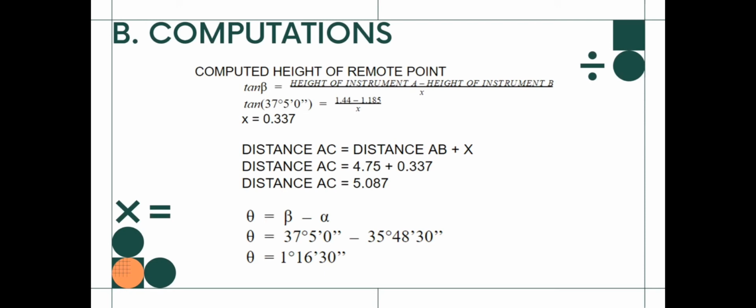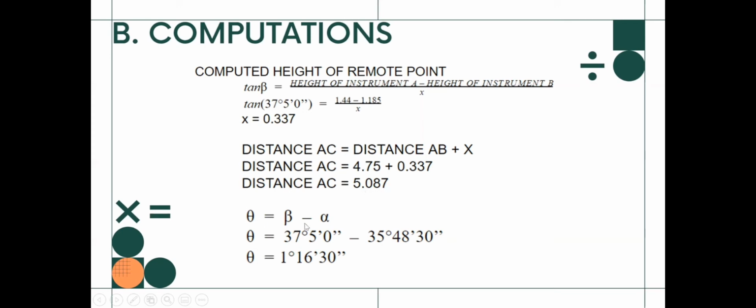So x will be equal to 0.337. And to solve for the distance of AC, it will be equal to the distance of AB plus x. So that would be 4.75 plus the computed value of x, which is 0.337, in order to find distance AC, which is equal to 5.087.